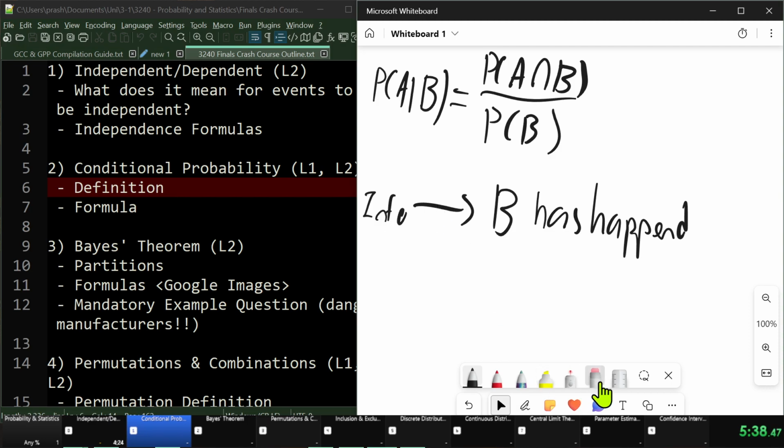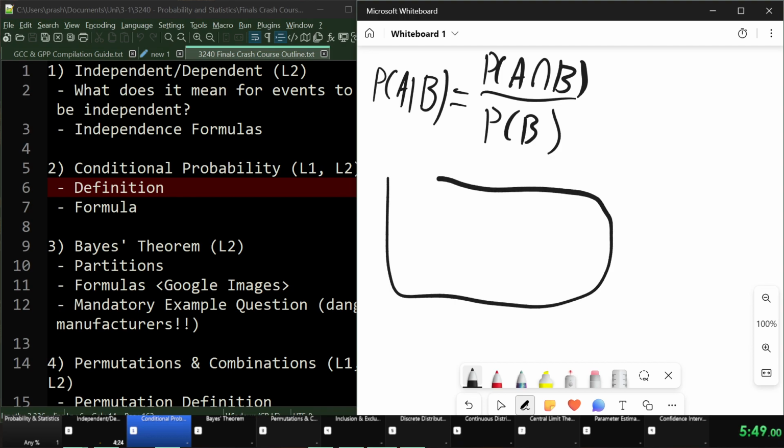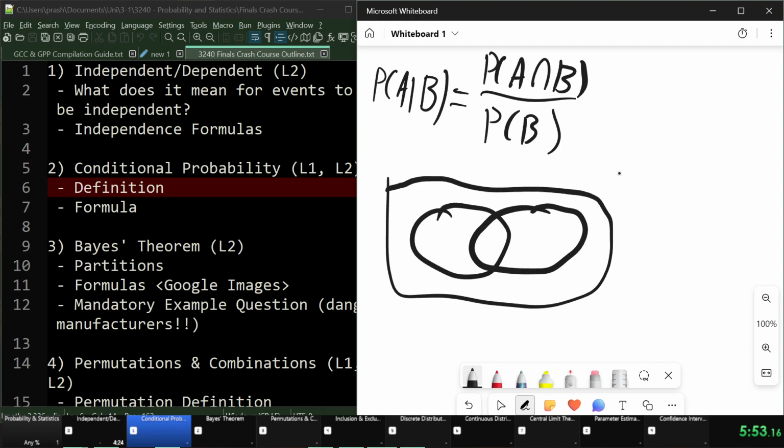Because of what you are doing here, I'll just draw the Venn diagram real quick. We've got our Venn diagram. We've got our two events. Here's the sample space omega. Here's event A, and here is event B. Now, here we have A given B. A given B means that we already know that B happens.